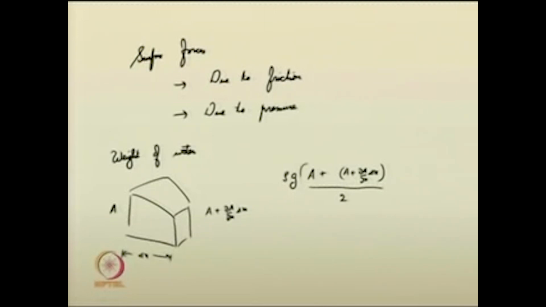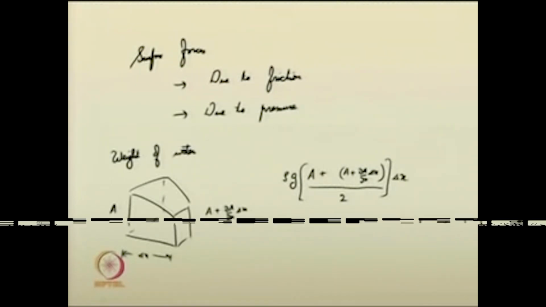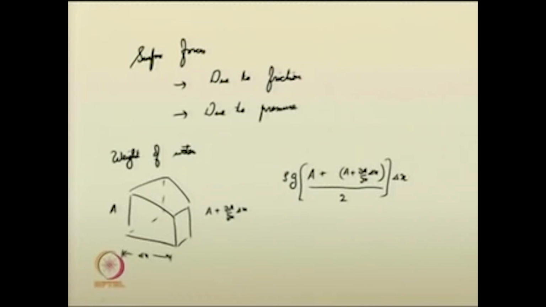So, we are taking the average area between this portion and this portion, somewhere here, that is being taken into the length Δx.